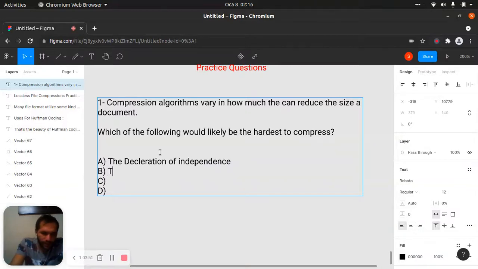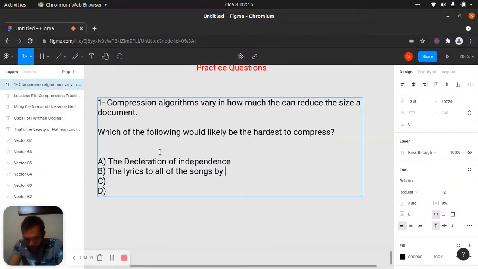The lyrics to all of the songs by the Beatles.